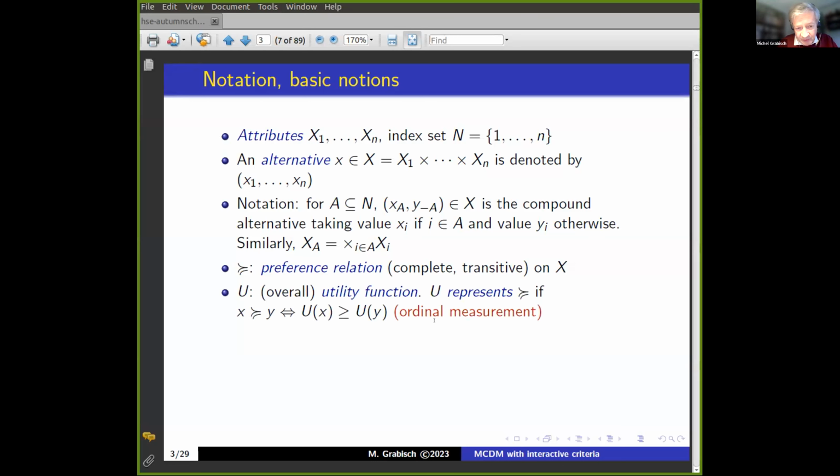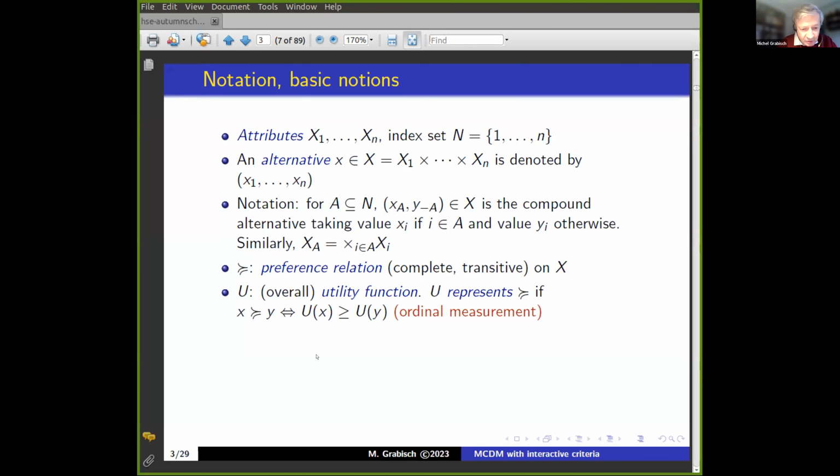We say that U, the utility function, represents the preference if the following condition is satisfied. Each time I prefer X to Y, then the utility of X is at least as large as the utility of Y, and conversely. Okay, we will come back to this later.